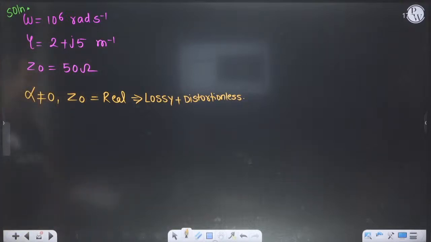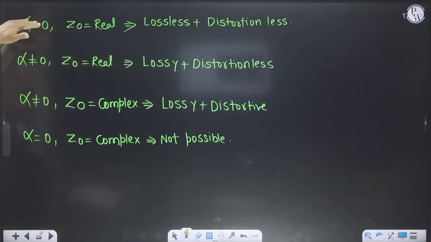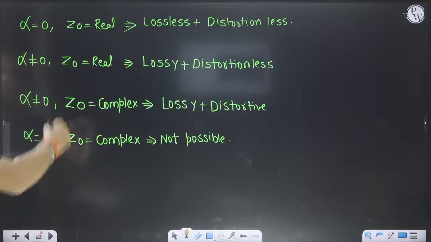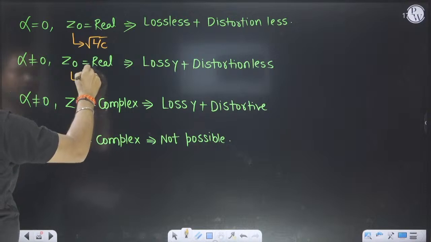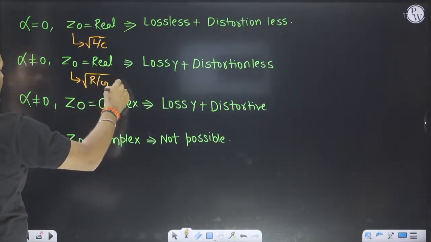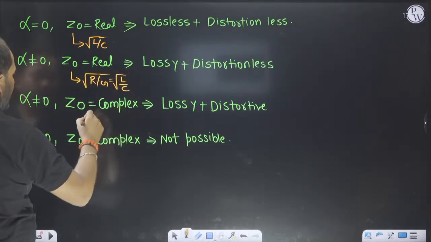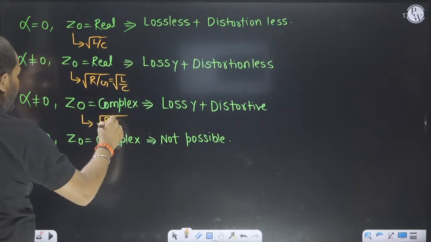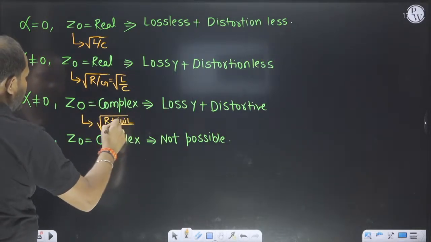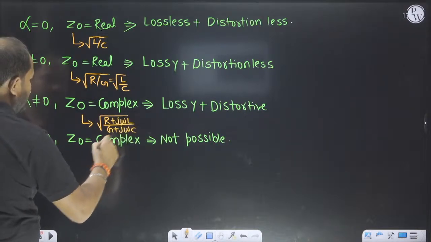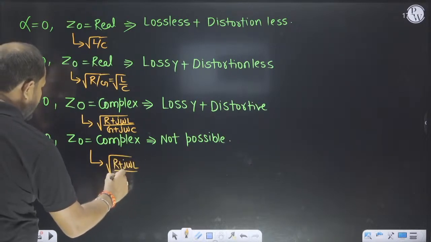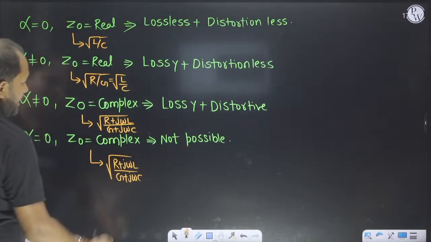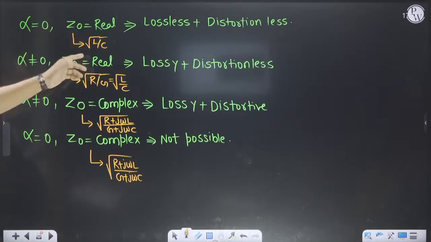Sir, how do you know that? In the distortionless case you have derived Z0 is equal to under root L by C, under root R by G, and also Z0 is equal to under root of R plus j omega L over G plus j omega C. So if it is real, then it is lossy and distortionless or lossless and distortionless, depending upon alpha.